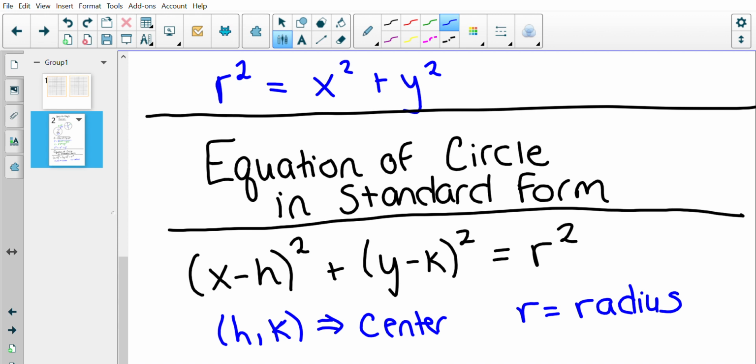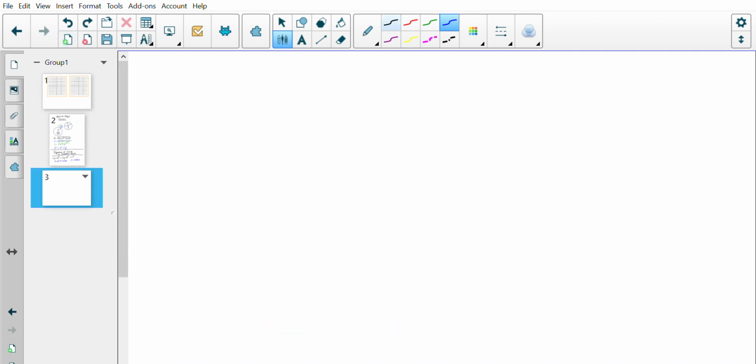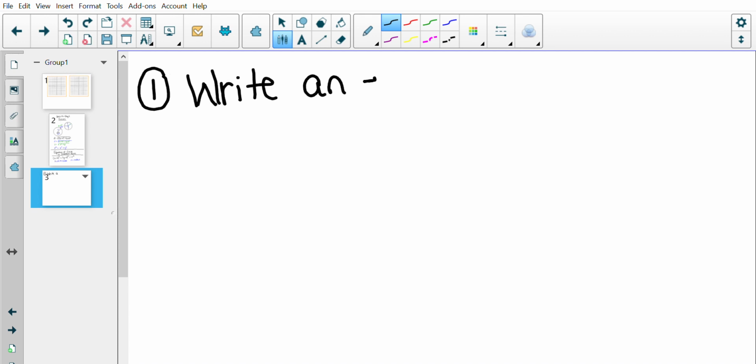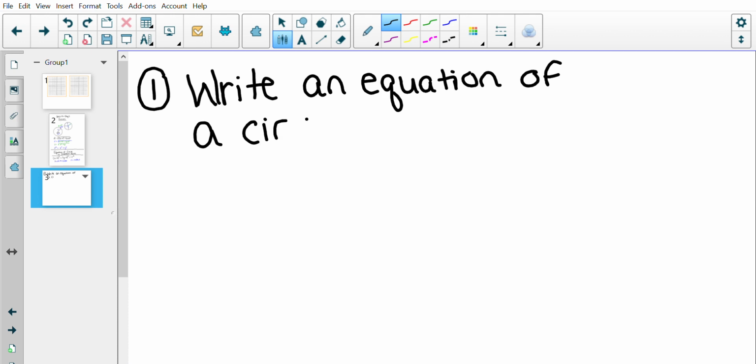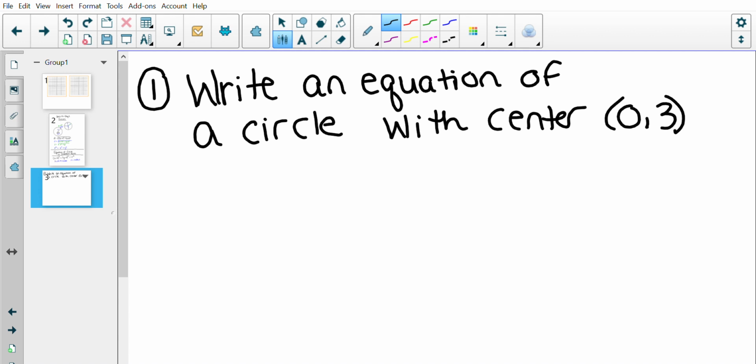All right, let's try some practice problems now. Let's write an equation of a circle with center 0, 3, and the radius will equal 7.